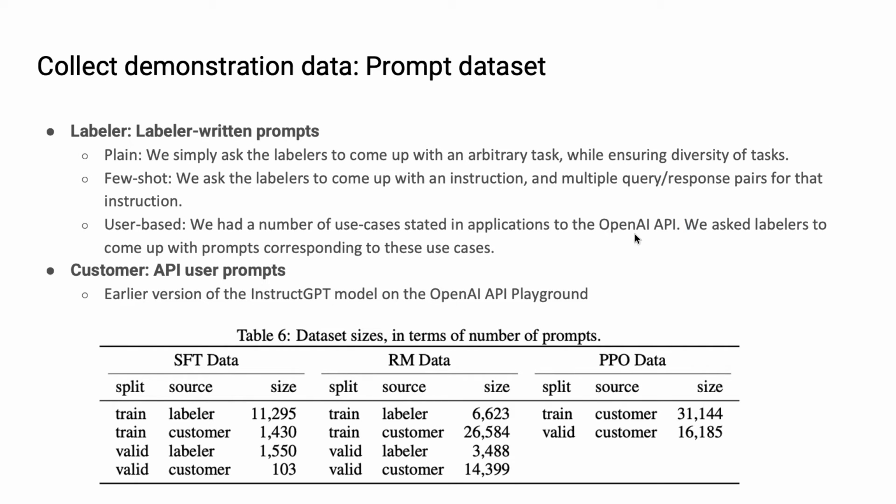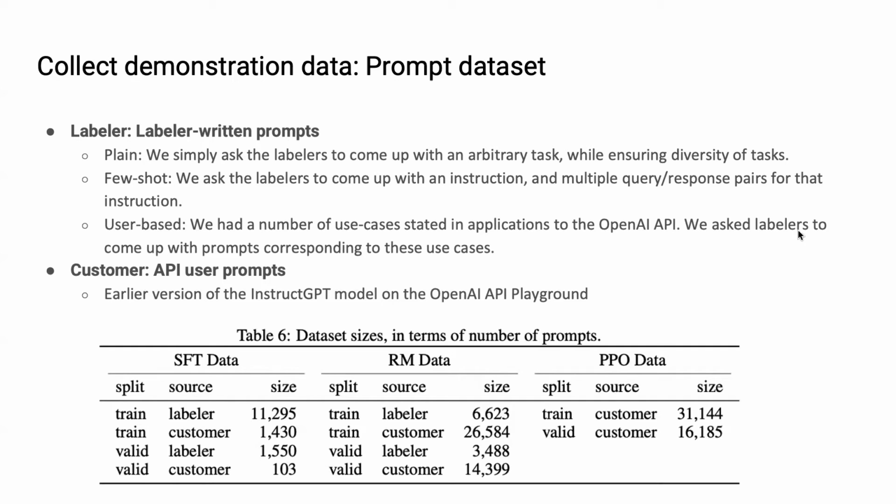And also because they have the OpenAI API, based on GPT-3 at that time, they got lots of use cases according to their API calls. But I don't think they can directly use that because the user has not consented to use their prompts for training.